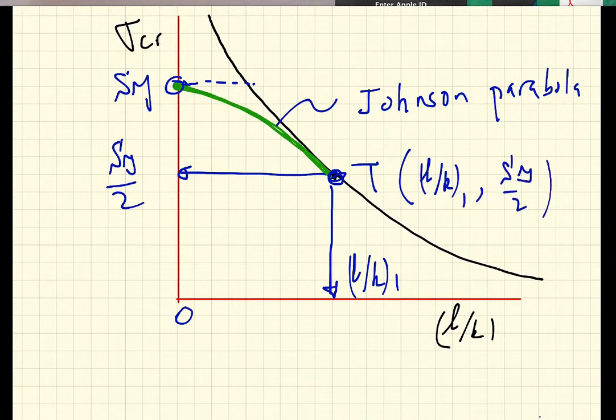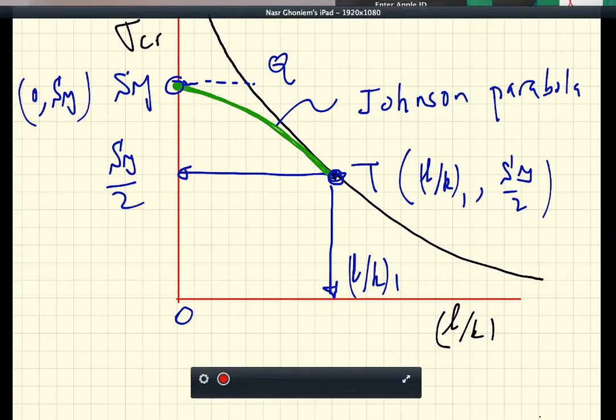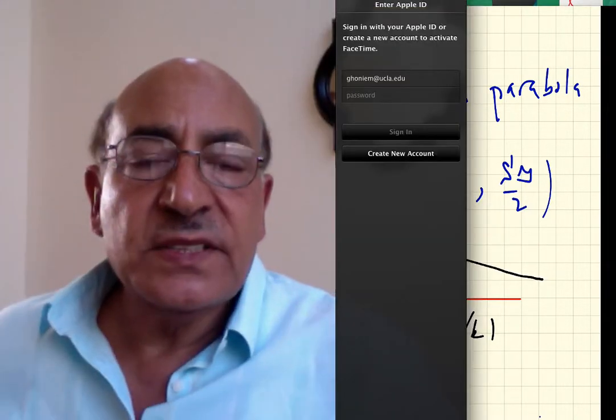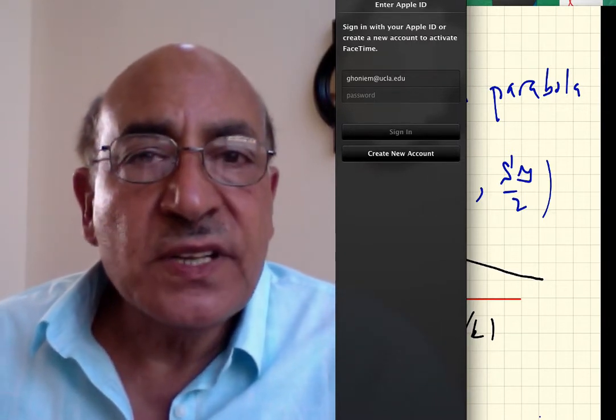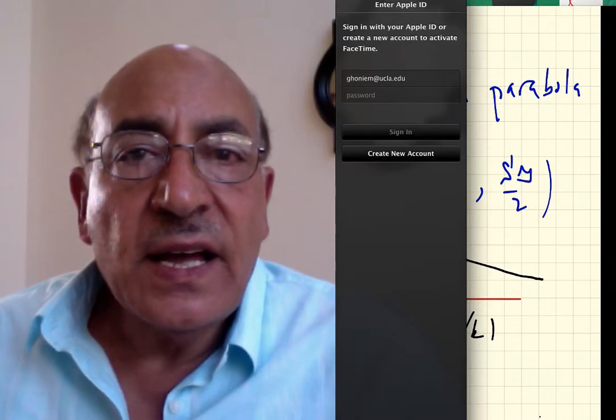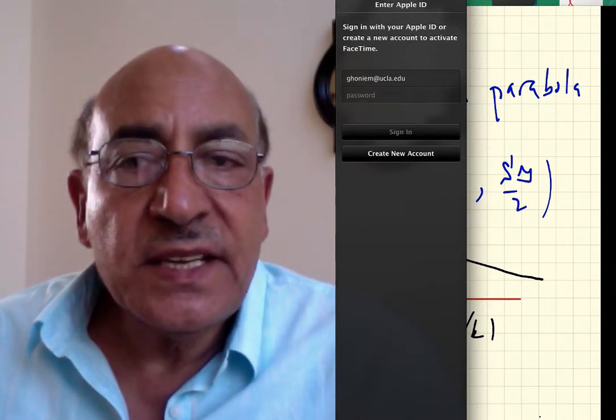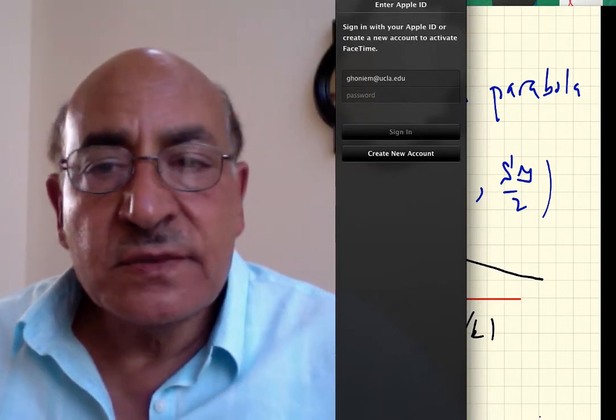The coordinates of point Q, this is point Q here, are 0 and S yield. So I have two points with known coordinates, and we describe a parabola to pass through the two points, and that will define completely the green curve as a Johnson parabola.